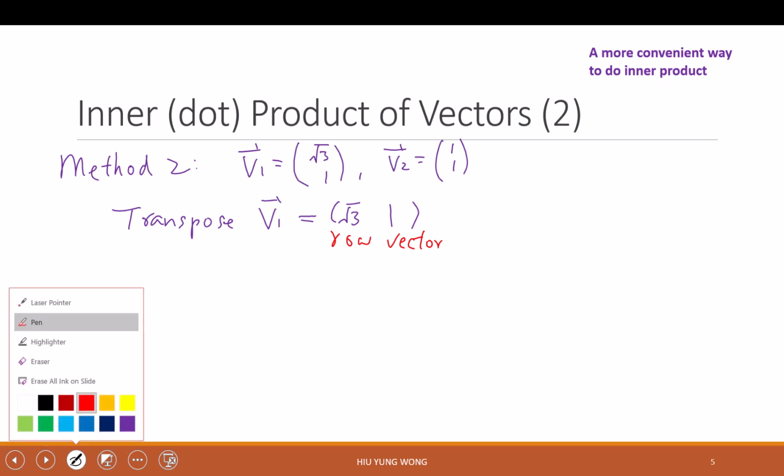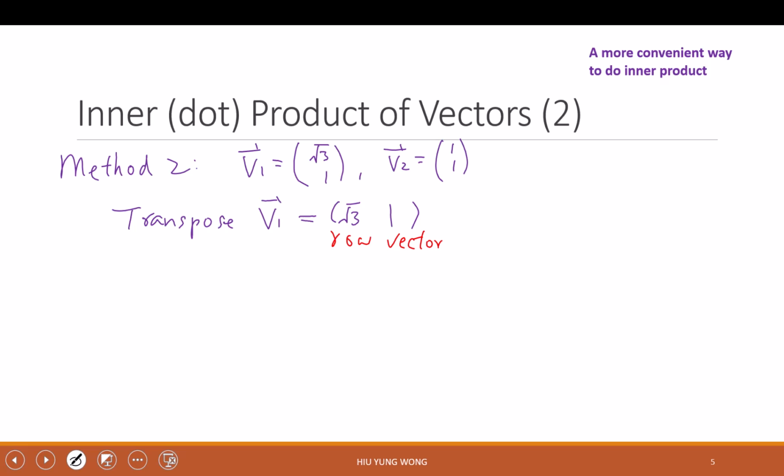This is a real system, so I'm not going to talk about complex numbers yet, but a more general form is not this. For now, let's just understand this is a transpose. I need to give it a name. I just call it V1 transpose, okay? The T on the top right means transpose.